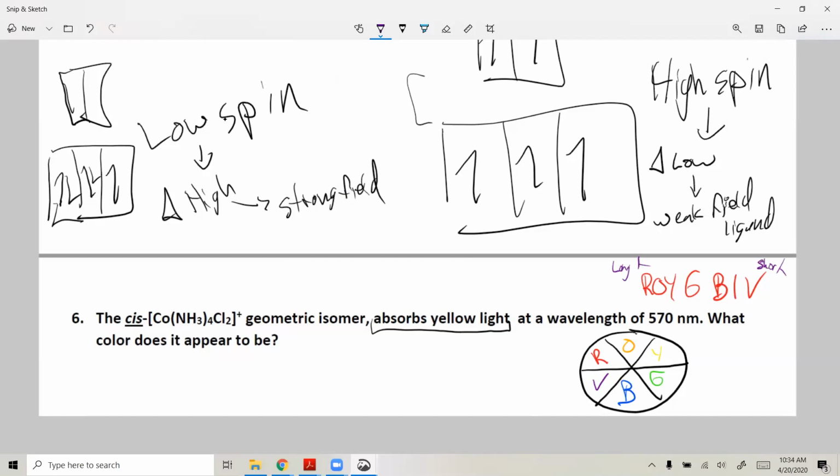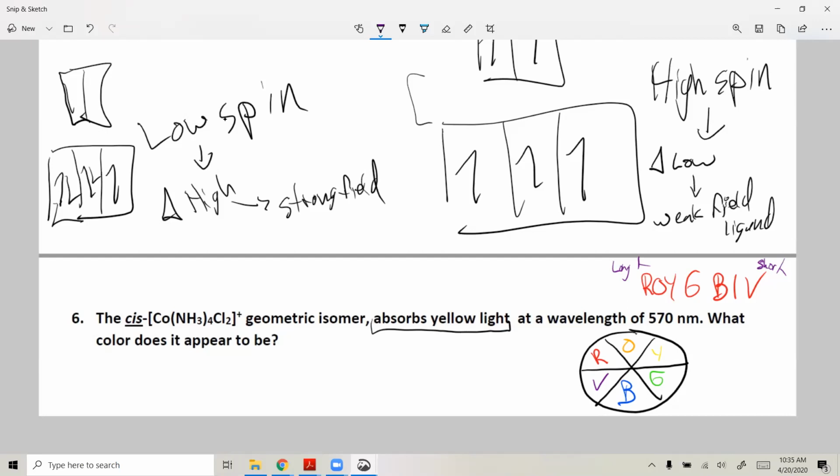But right now, when things absorb, what we see is the complementary piece. So we go across the chart to the other one, and that's what we're going to see. If we have all of these colors, we would see white. As you start to absorb one, your eye picks up the extra purple that gets let through, and that's why our solution will appear that color.